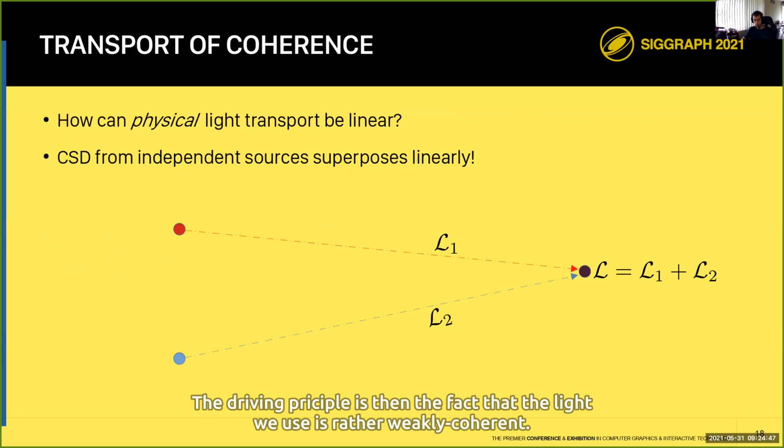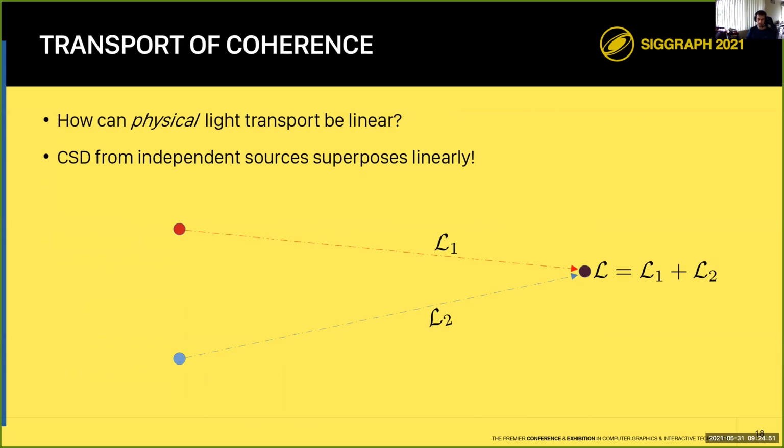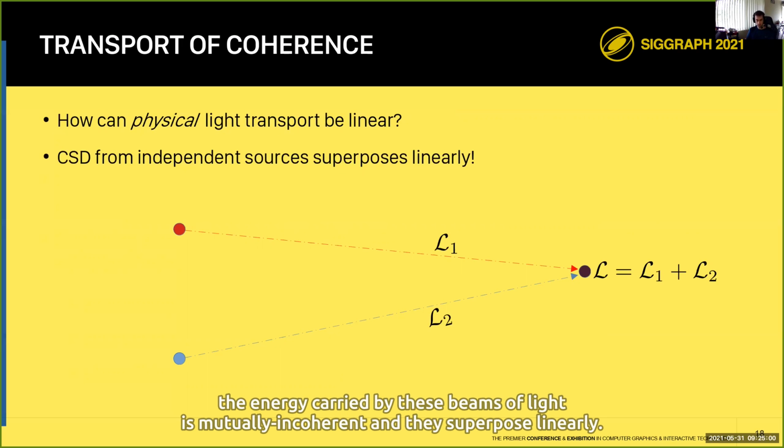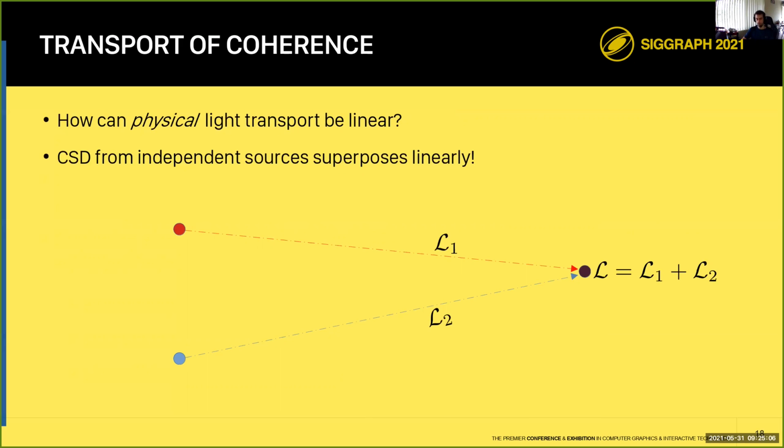The driving principle is then the fact that the light we use is rather weakly coherent. If a pair of light paths deviate by even a fraction of a millimeter, then the energy carried by these beams of light is mutually incoherent, and they superpose linearly.